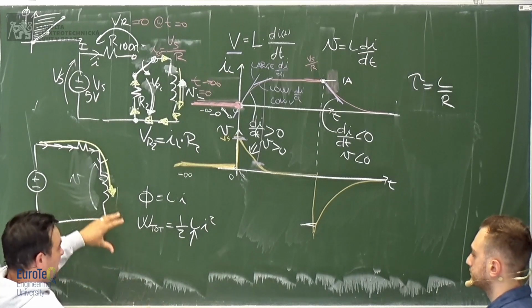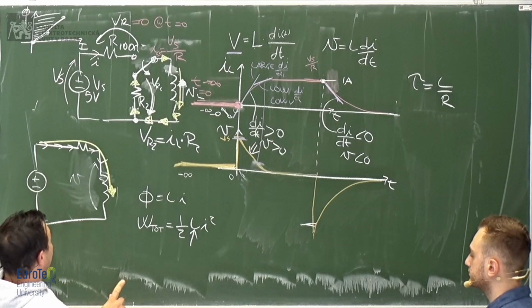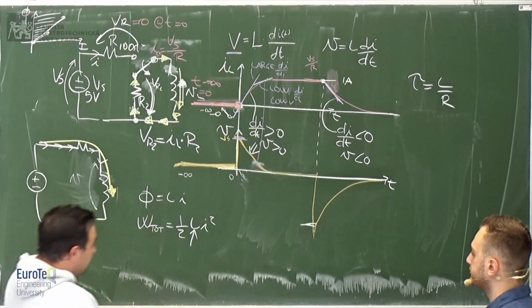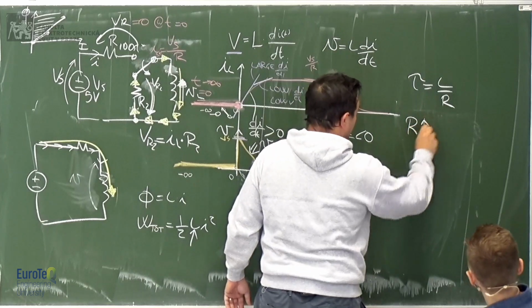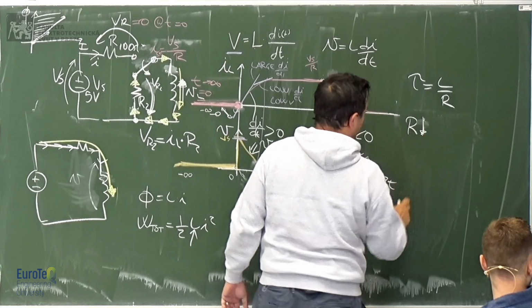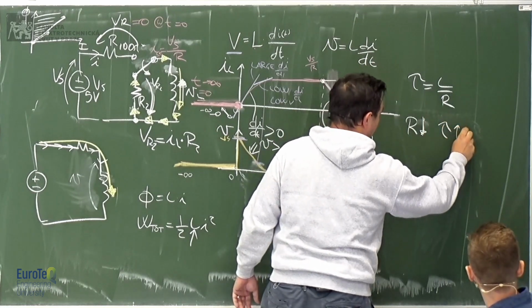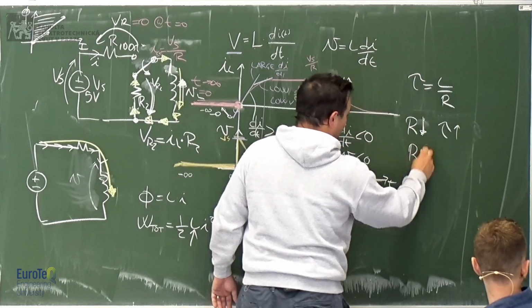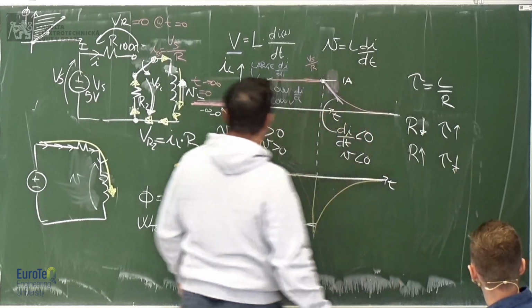Because we need more time to give that energy. What happens if we have a resistance which is smaller? Smaller resistance, tau gets larger, or bigger resistance, tau gets smaller.